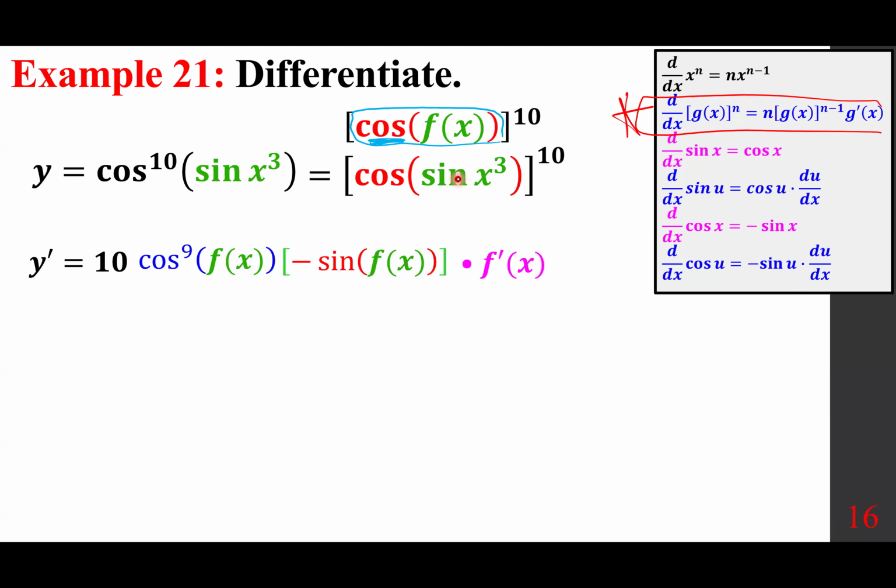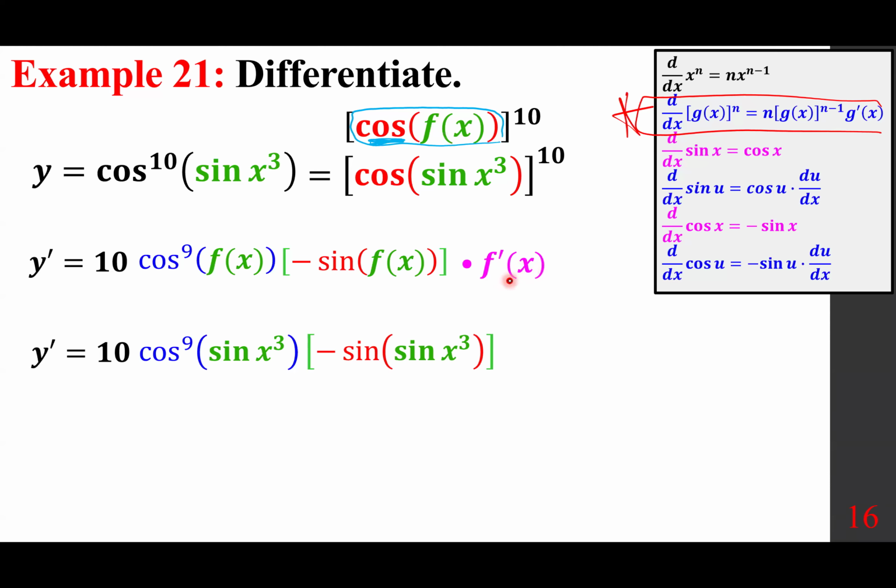So let's write it. 10 cosine to the power of 9 of f of x is replaced by sine x cubed. Minus sine f of x is minus sine of x cubed. Now f prime of x, this piece. And bear in mind, this is f of x.